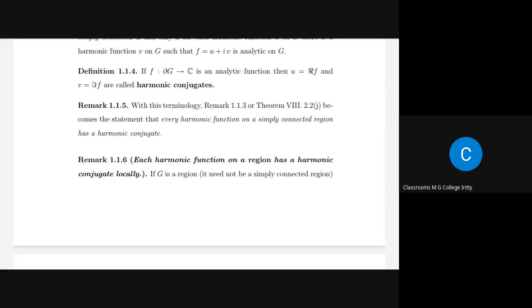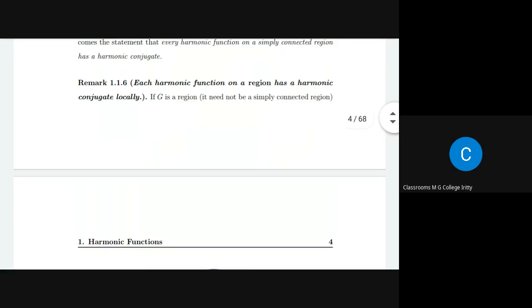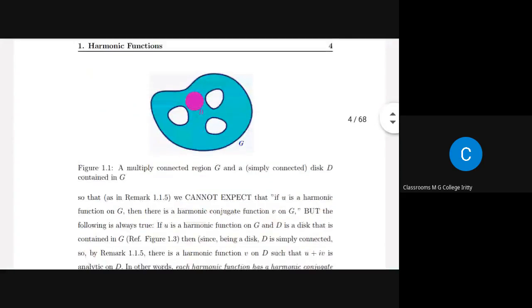If it is not simply connected, that is, if it is a multiply connected region, then as in figure 1.1, we can find some disk contained in it, and being a disk D, it is simply connected. So again by the above result, our statement holds. That is, each harmonic function has a harmonic conjugate locally.